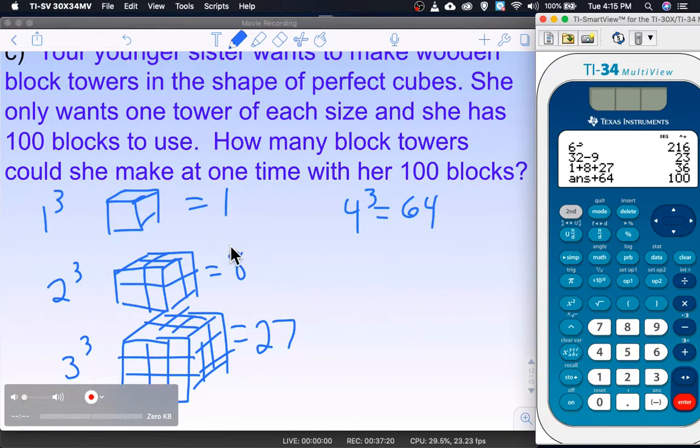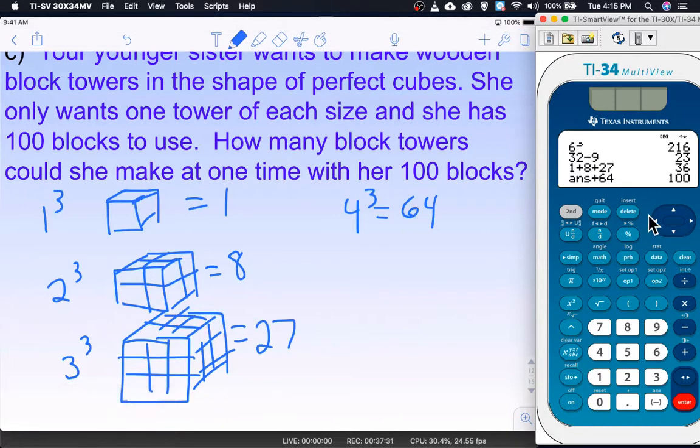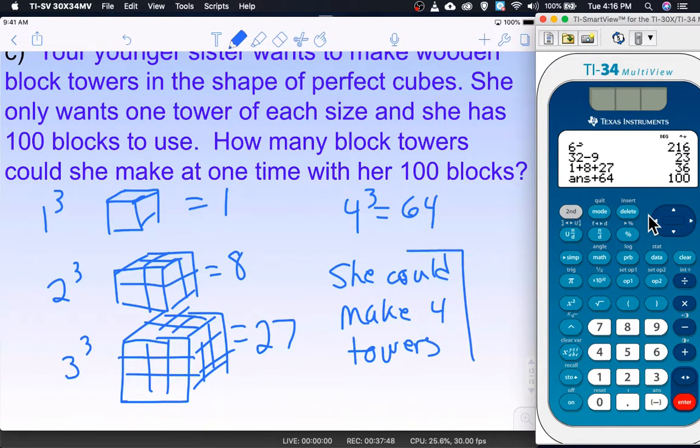So she was able to make all 4 of these because that is exactly 100 blocks. She used 1 for this tower, 8 for this tower, 27 here, and 64 there, giving her exactly 100 blocks. So she could make 4 different towers. Four towers. And there's all my pretty work to match up.